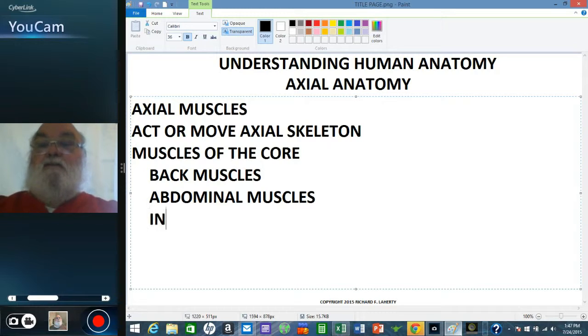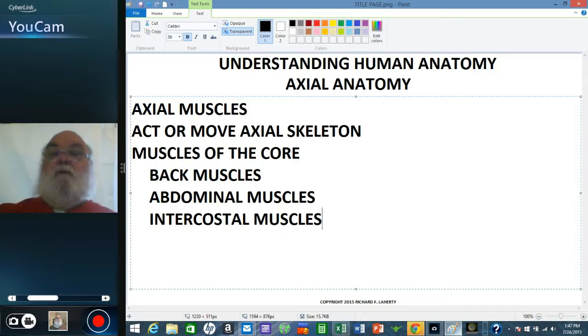So they are the intercostal muscles. Remember, inter always means between. Costa is the anatomical term for rib. So the name tells you they are between the ribs.